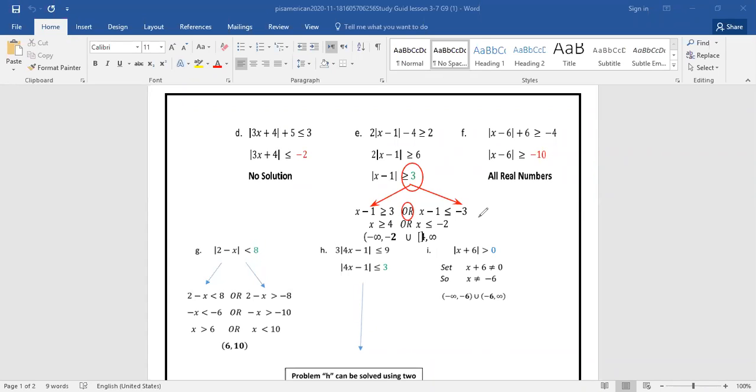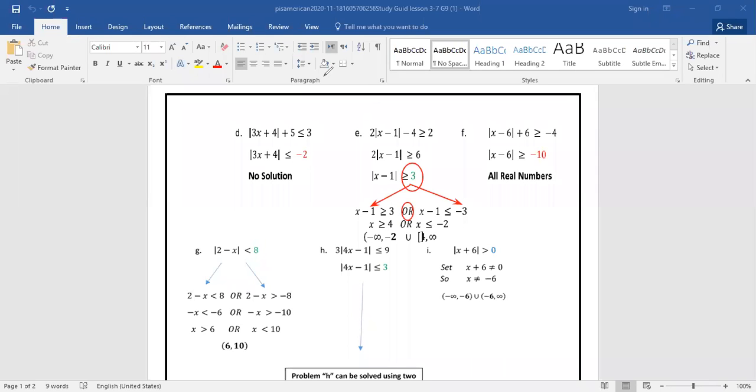Now we will add the additive inverse for both, then x more than or equal 4. On the opposite side, x is less than or equal negative 2. You can write this with intervals, but you will study intervals in detail in grade 10.